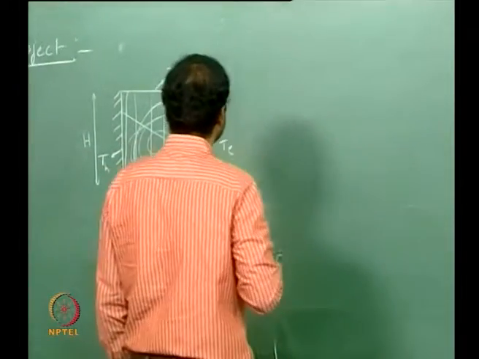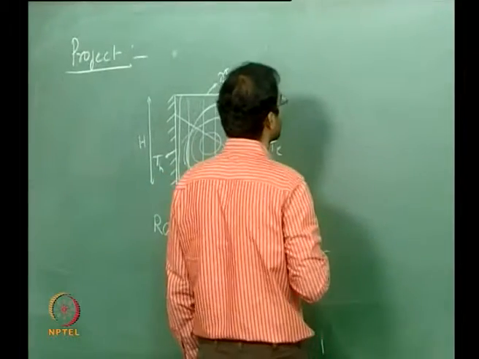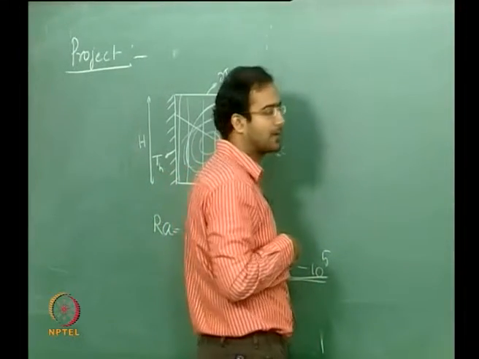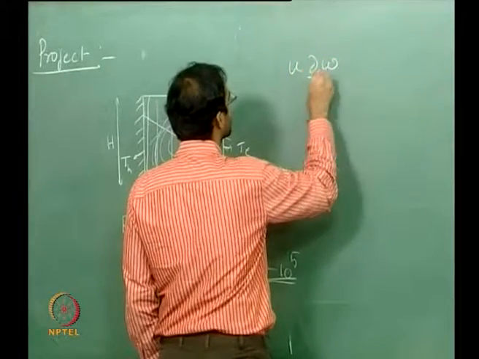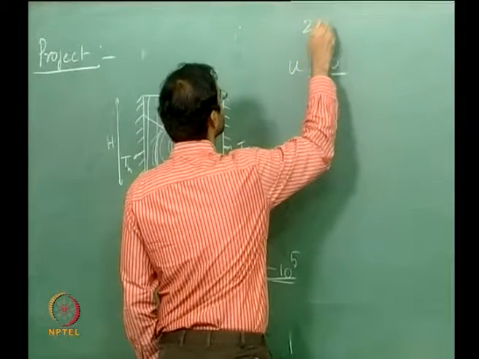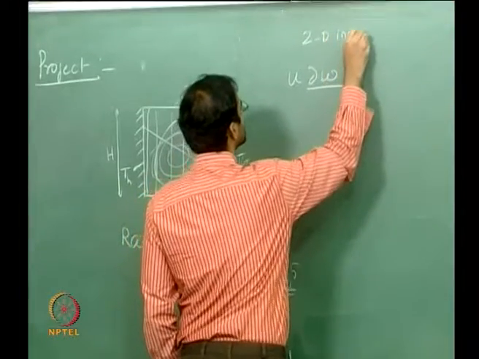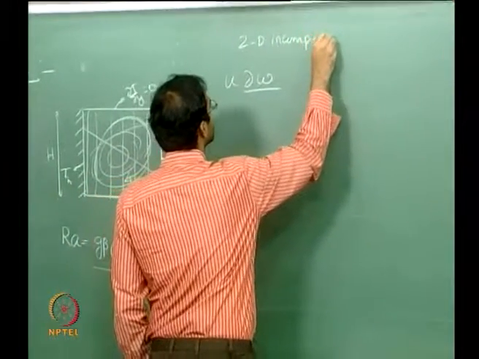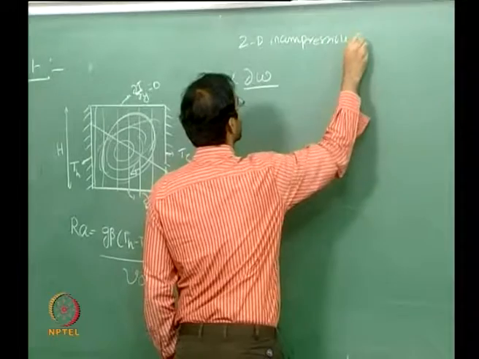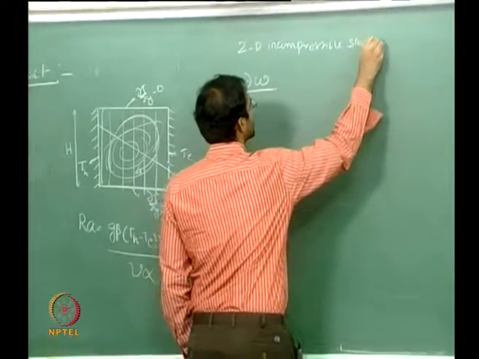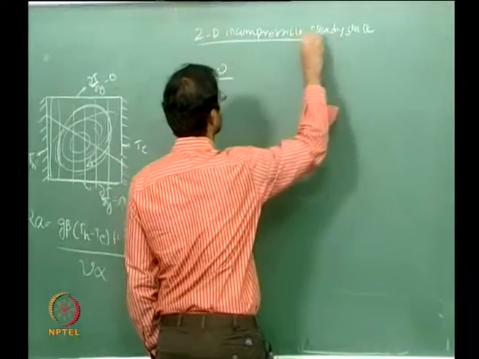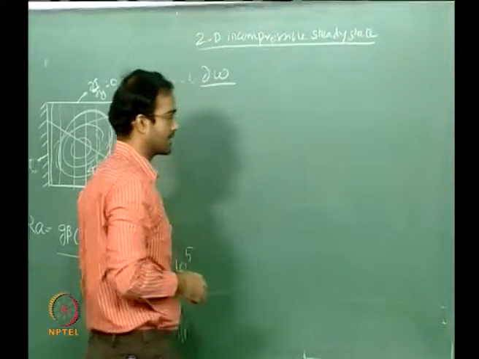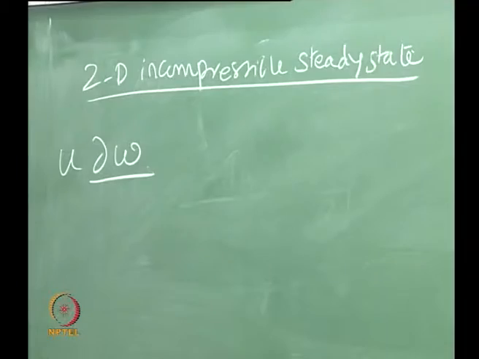In that case your vorticity equation can be written as u d omega. I am writing this under the 2D, incompressible and steady state approximation. So you don't have to look at the unsteady or transient patterns, you go directly to the steady state and get the steady state solution.